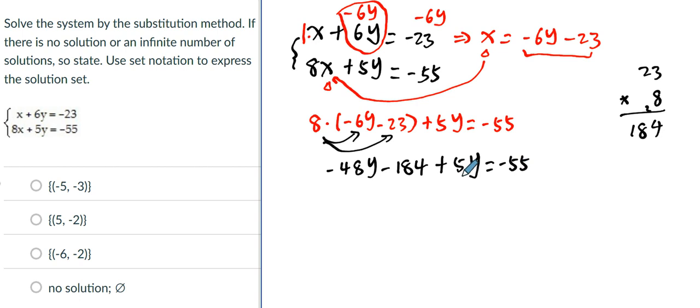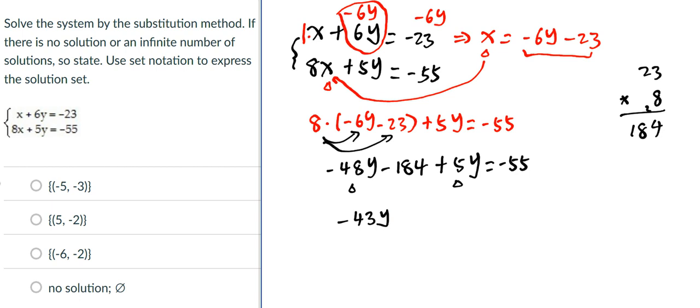And then here we have a -48y. We combine those two like terms, we have -48 plus 5 is -43y.